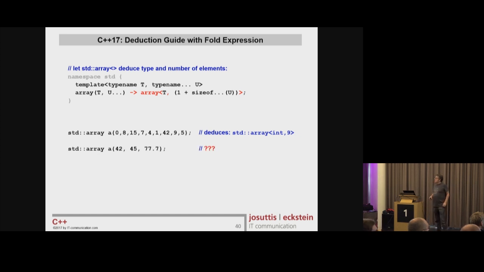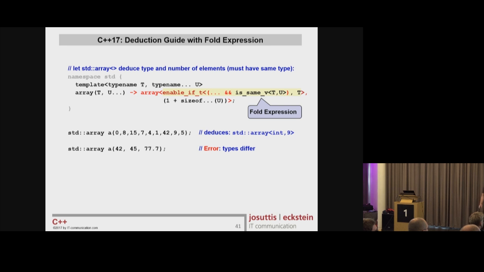However, to avoid that we use this feature when we initialize with different data types, we disable this deduction guide. So we disable this automatic deduction if all the elements don't have the same type. And what we use here is a fold expression saying, well, for all the template arguments, we have to check whether all the later arguments have the same type as the first argument. And if it's not the case, we disable this deduction.